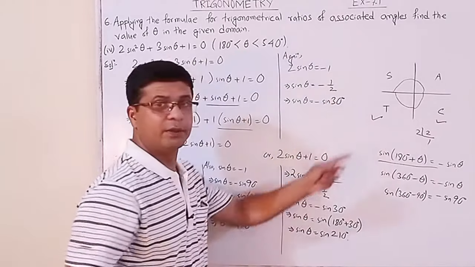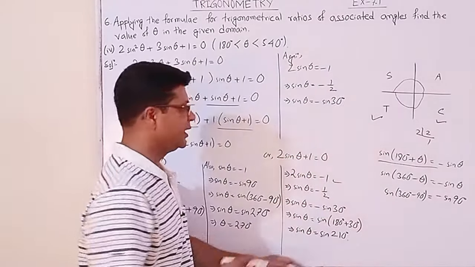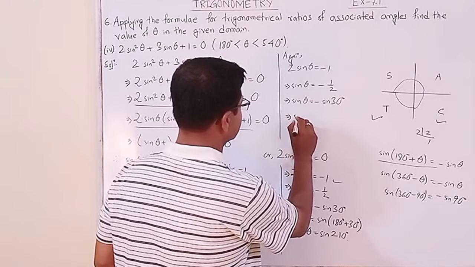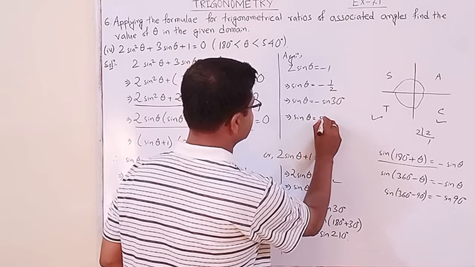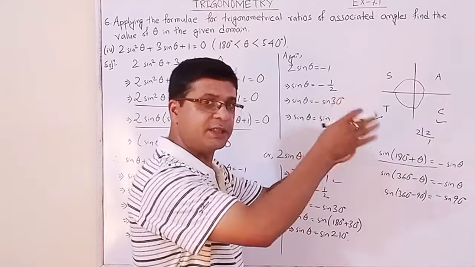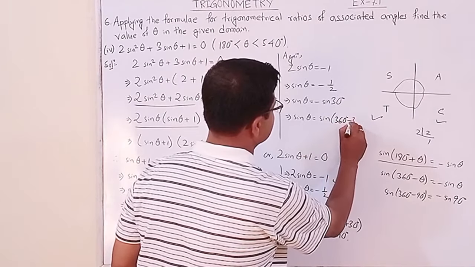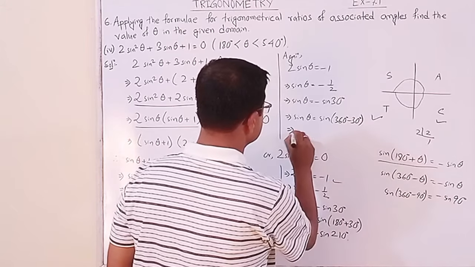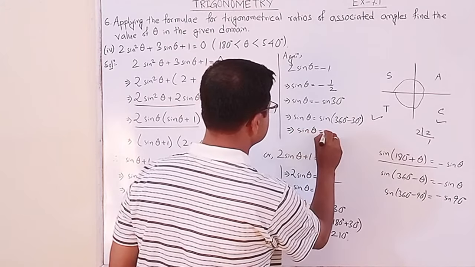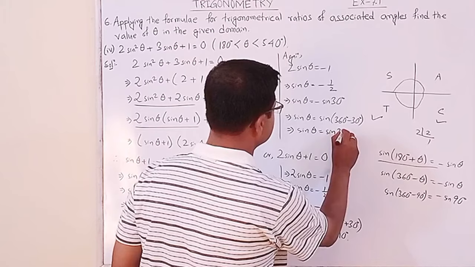We have to move now to the fourth quadrant because the third quadrant is already done. How can we get the fourth quadrant? 360 minus theta, 360 minus 30 degree. So sine of theta is sine of 330 degree.